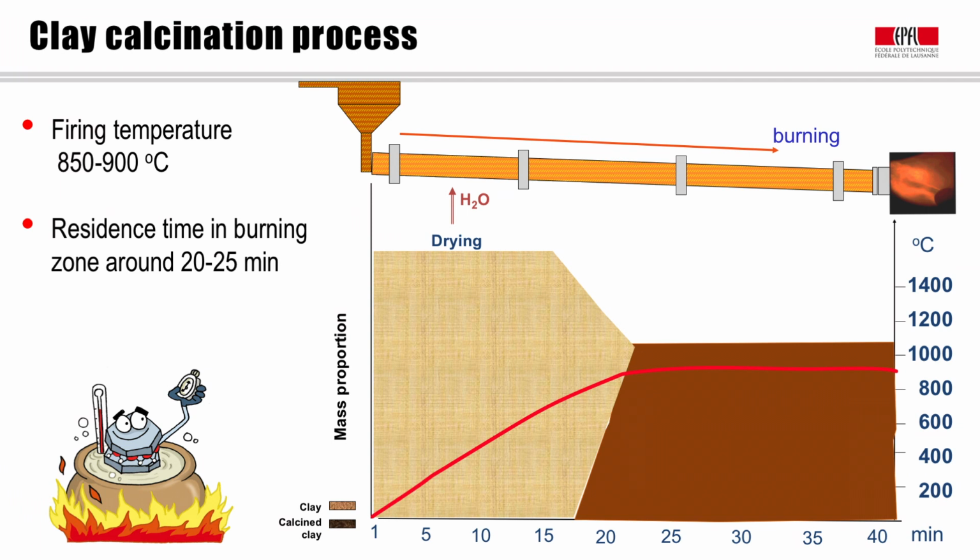Generally, the calcination of clay isn't very sensitive to the residence time. As long as you have a residence time in the burning zone of around 20 to 25 minutes, this is quite sufficient to ensure full calcination.